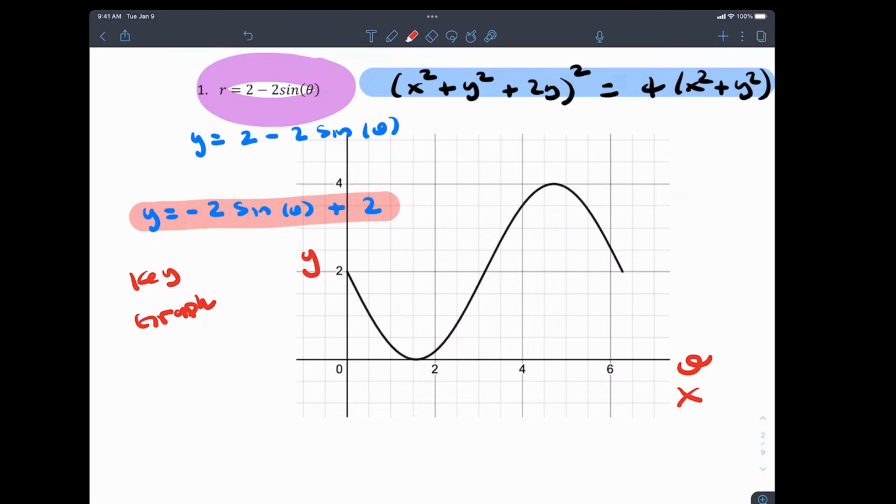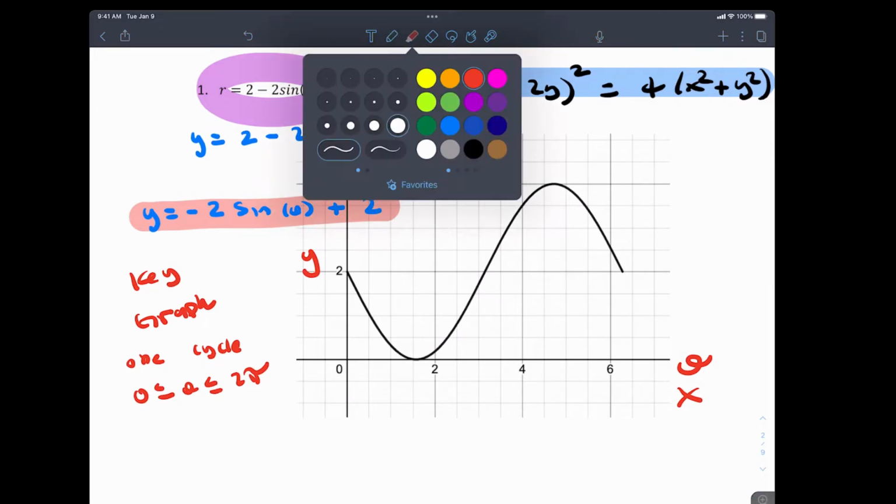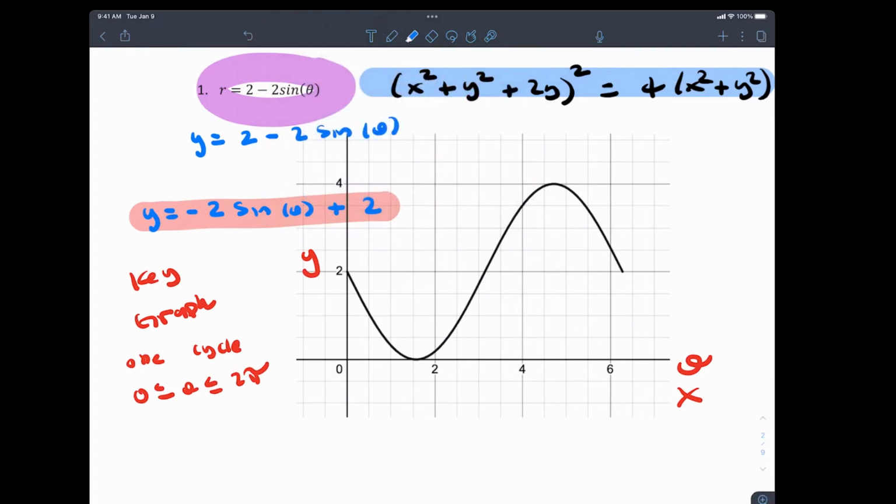Now remember, this is only, by the way, one cycle. Do you guys remember that? You say, what's one cycle? Well, that's from 0 to 2 pi. So if you said, is that why I see down here, and I don't know what color to use, this is all 0 to 2 pi? Yes.